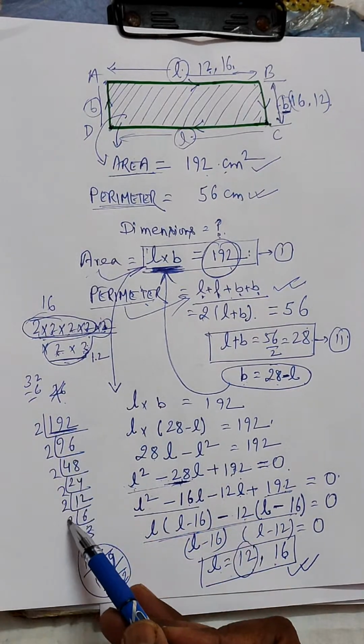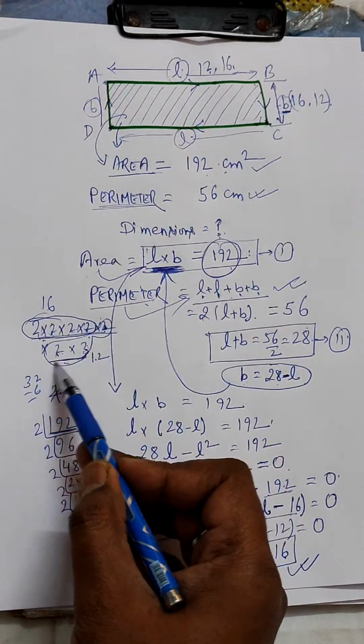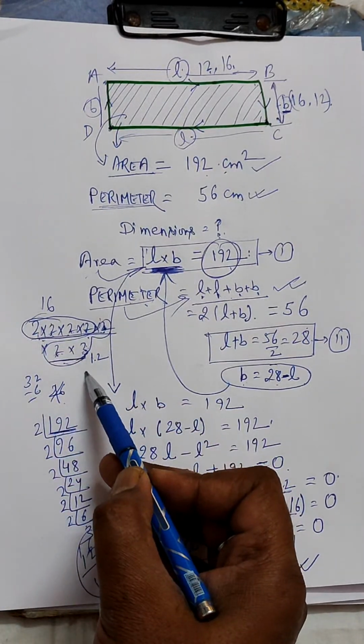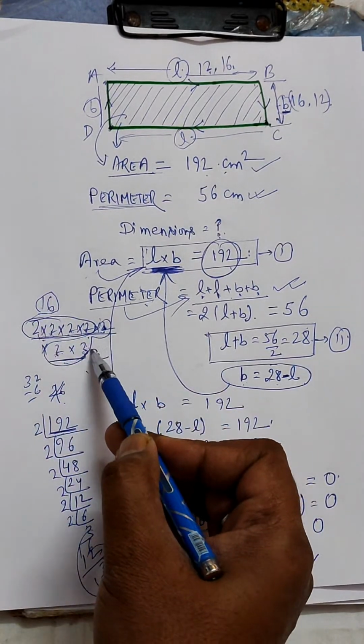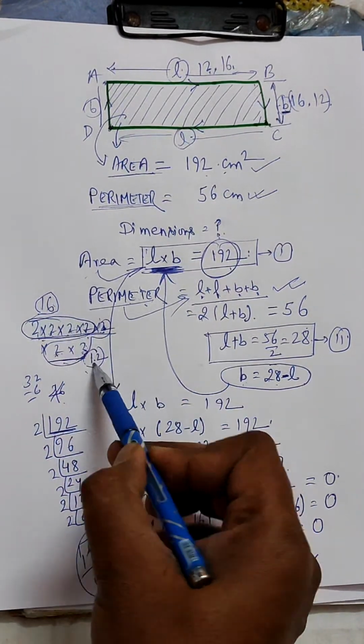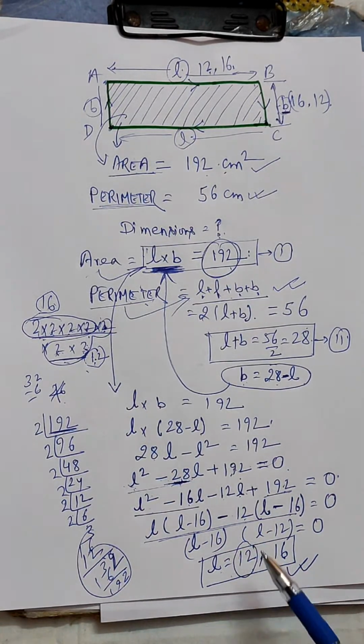You bring out the factors of this 192 and you just split it into two parts, right? Watch that. When we split it, we take the combination of 16 and 12, and after that we put it in and solve it, right? So we get the value of L as 12 and 16.